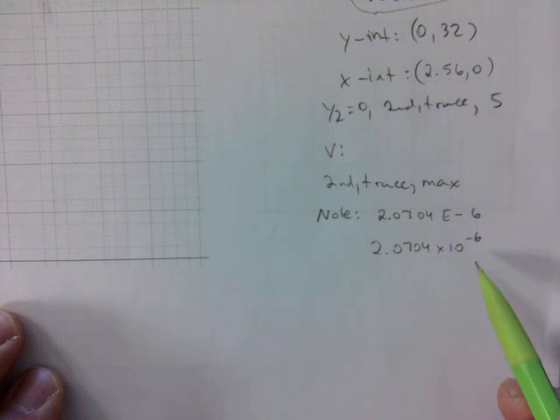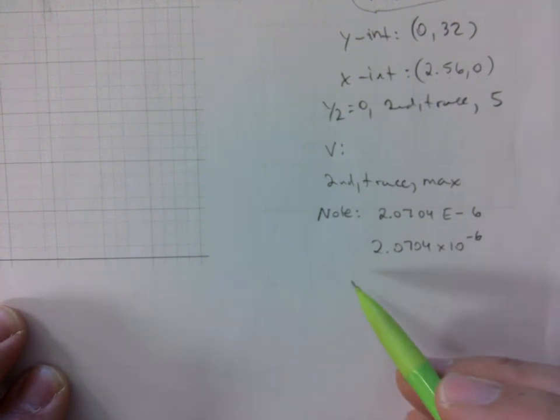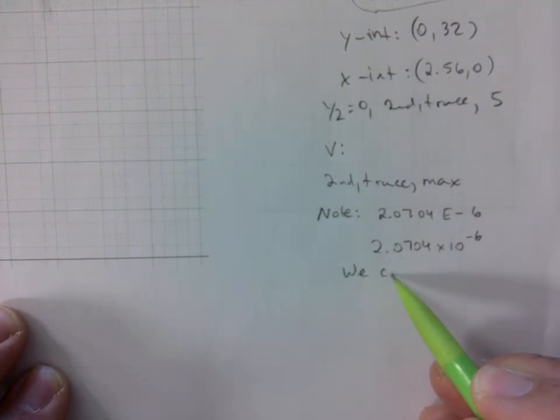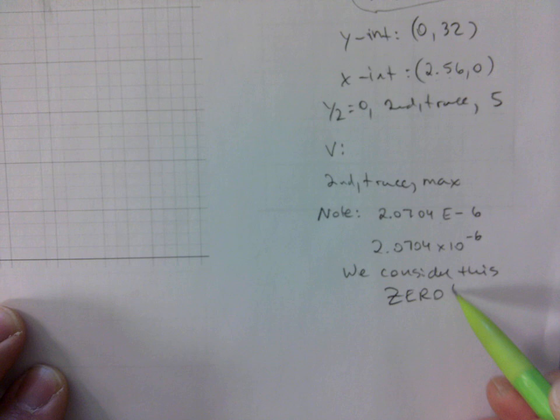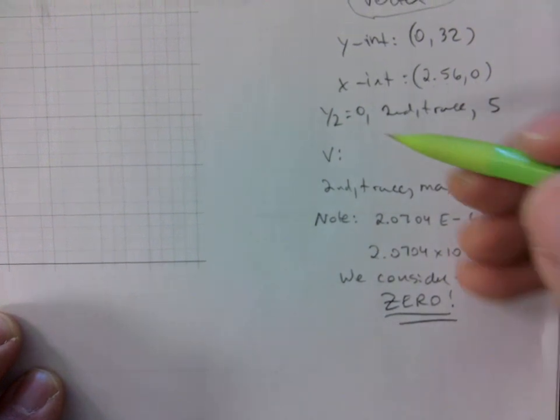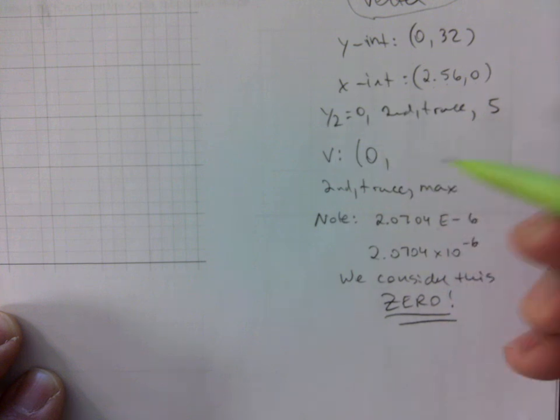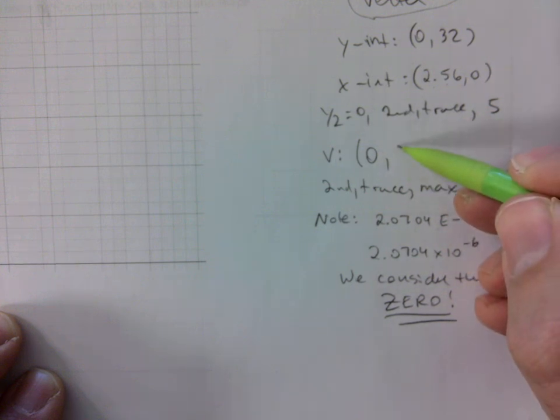That's what the calculator is trying to tell you. We consider this 0. That is basically a 0. So when that happens, please just say 0, and it's 32.